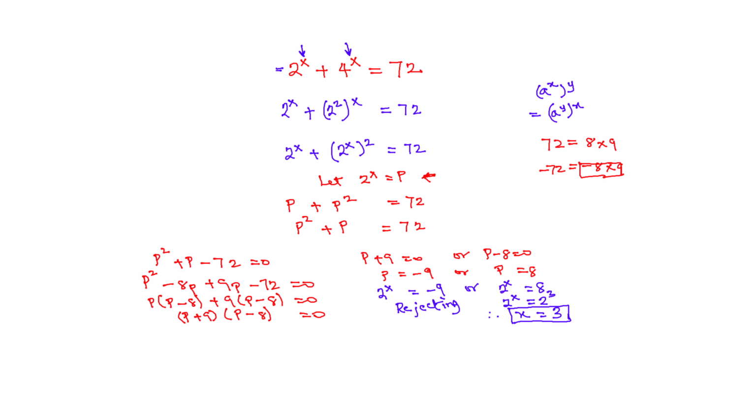Let's go ahead and test that. 2 raised to power x, remember our x is 3, so this means that 2 raised to power 3 plus 4 raised to power 3, which is 8, plus 4 raised to power 3 is 64, and 64 plus 8 is 72, which is our initial condition here.